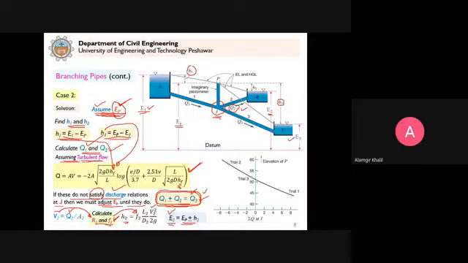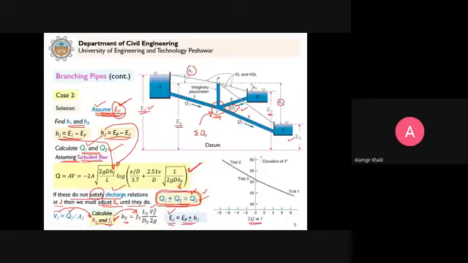Clear? So in order to simplify this trial and error procedure, this figure given in our textbook can help us. What this figure represents: it has summation of q shown here on the x-axis. And what is summation of q? We already discussed that summation of q is just the sum of flows at the junction point.